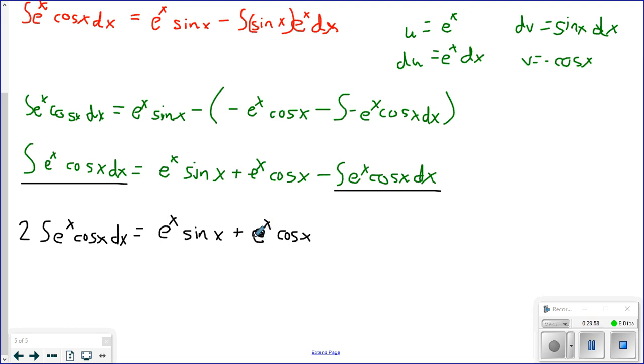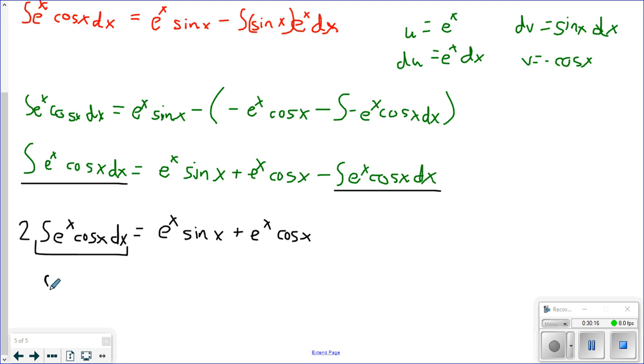Remember that we took this integral and we added it to both sides. Well, what I'm trying to do is solve for this, right? I have 2 times that integral, so I just simply divide both sides by 2.